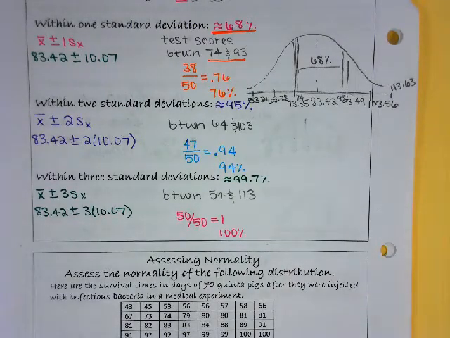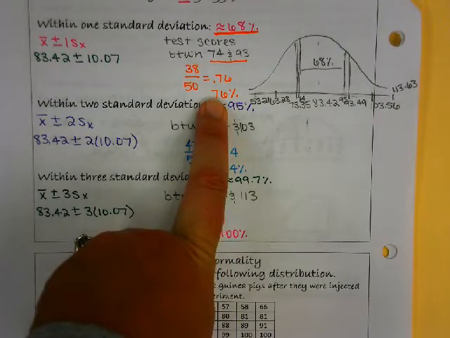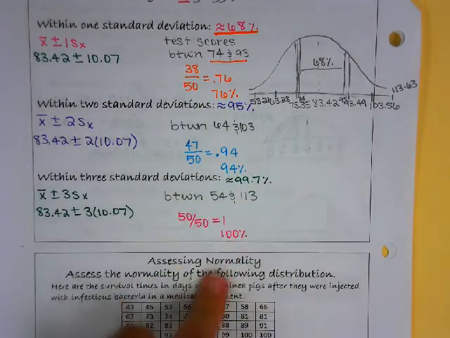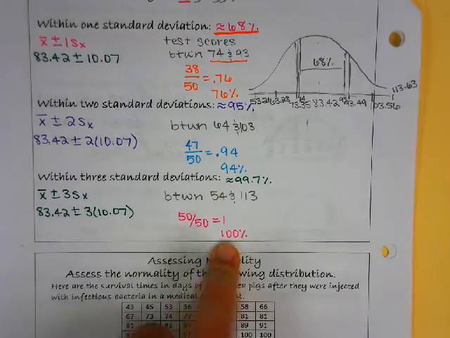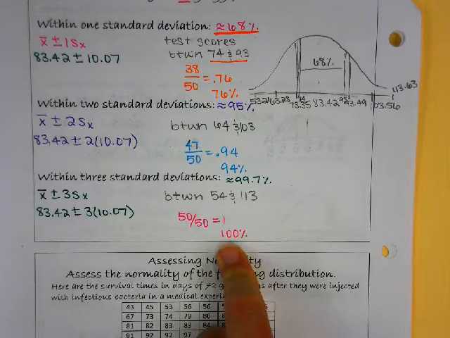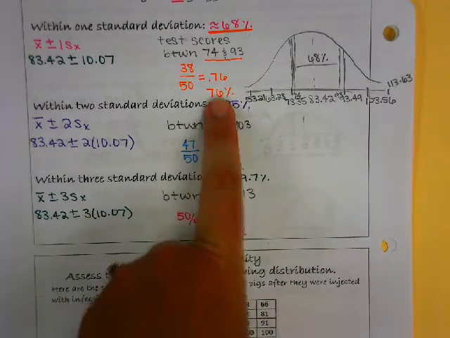So just a show of hands, opinion at this point, no wrong or right. How many of you would say that this is a normal distribution, knowing that 68, 95, 99.7 is the rule that the standard normal distribution falls under, and this distribution is 76, 94, 100.